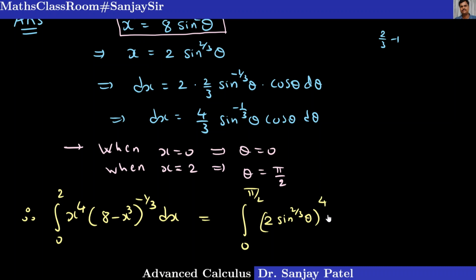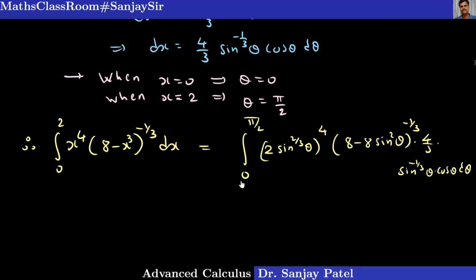So this raised to 4, 8 minus x cube. So it is 8 minus 8 sine square theta, because we have taken x cube is equal to sine square theta, raised to minus 1 by 3 into this thing dx, that is into 4 by 3 into sine raised to minus 1 by 3 theta cos theta d theta.